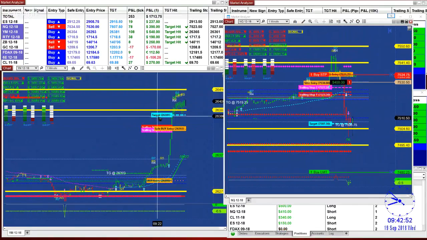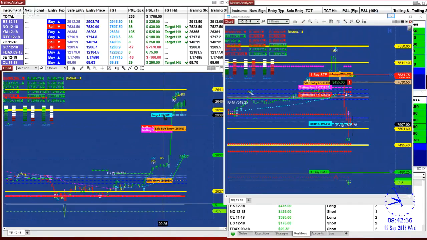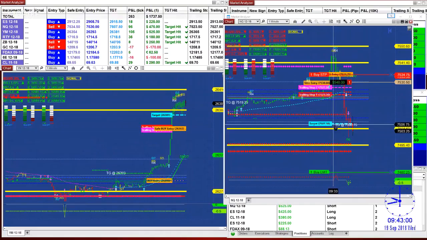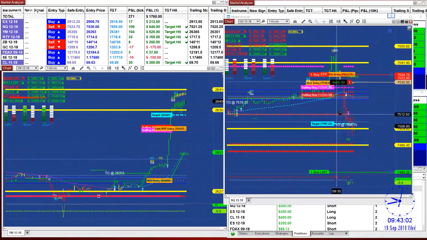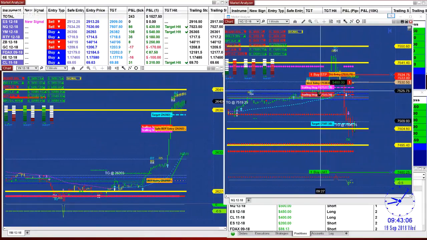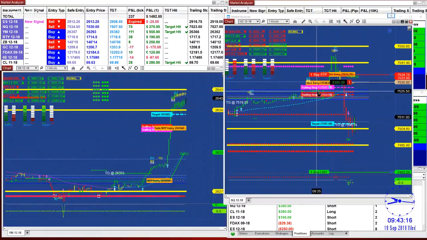On the chart it's updating your targets, and if the trend is strong, it's going to give you some extension. You can see how sometimes even your trailing stop pulls back, like when you are doing a manual trade. This is the only system out there where sometimes the trailing stop pulls back a few ticks here and there to get a trade.